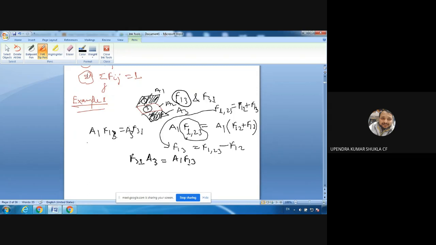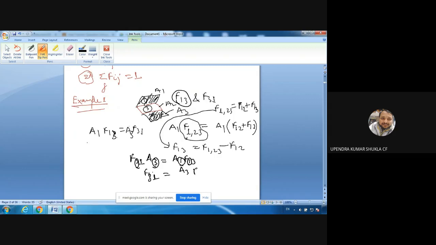See, the first subscript of A and the first subscript of F would be the same. So from right here you can get the value of F31.